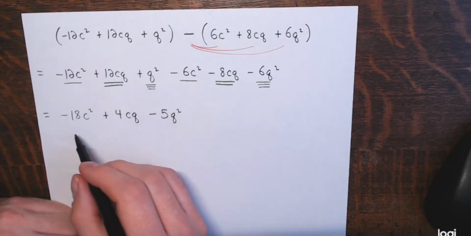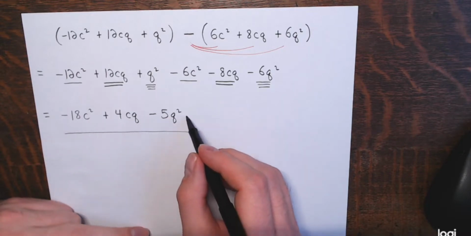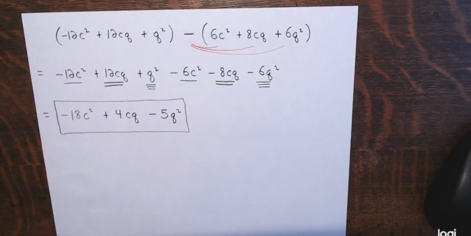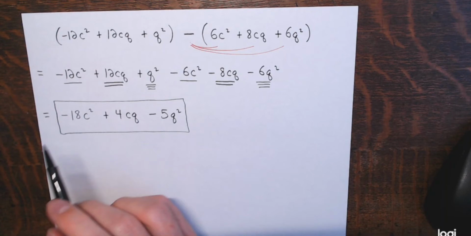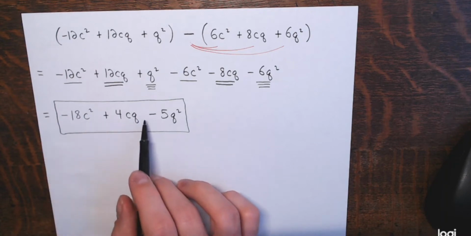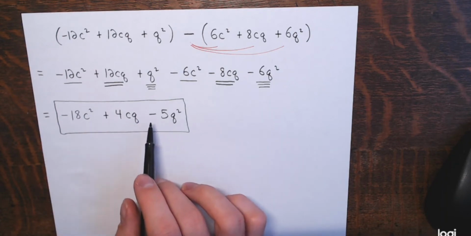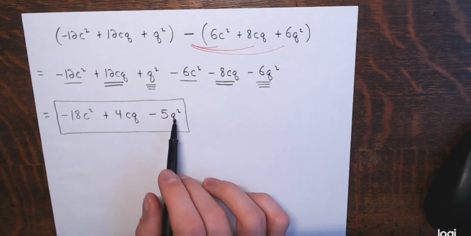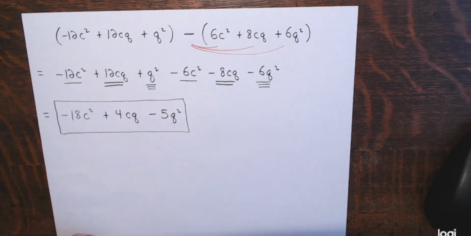And that's it. This is as simple as that polynomial will get. Because this has c squared, nothing else has c squared. This has c to the first, q to the first. Nothing else has c to the first or q to the first. And this has q squared, nothing else has q squared, right? They don't have the same variables to the same powers.